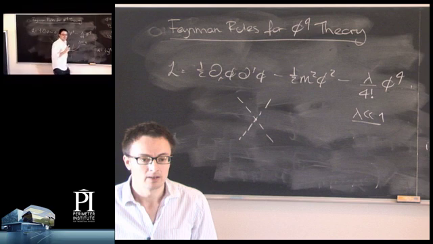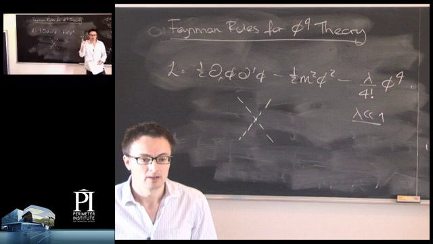I should say that the same problem is actually there in the scalar Yukawa theory, but it turns out if you plot that potential, the origin is a minima, but not a global minima.